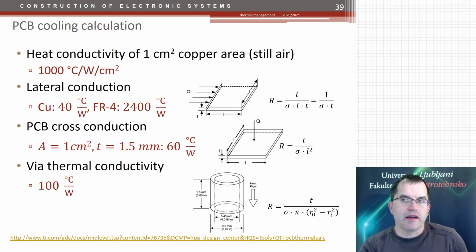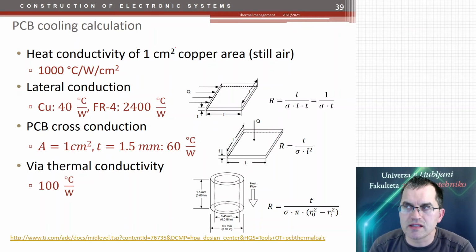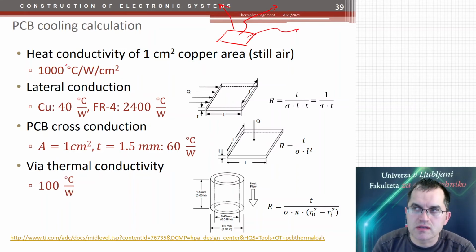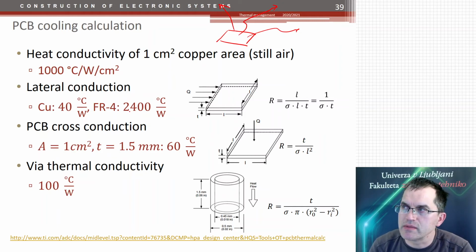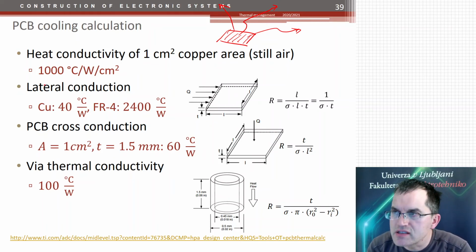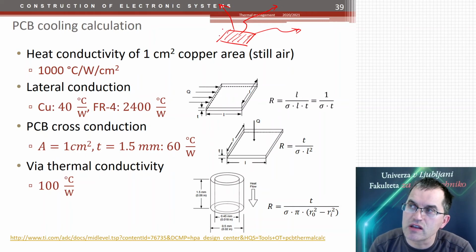In still air, the heat conductivity from a copper area towards the surrounding air is 1000 degrees Celsius per watt per square centimeter, which means that if you are dissipating 1 watt of power on 1 square centimeter of copper, it will radiate or convect to the air at 1000 degrees change.